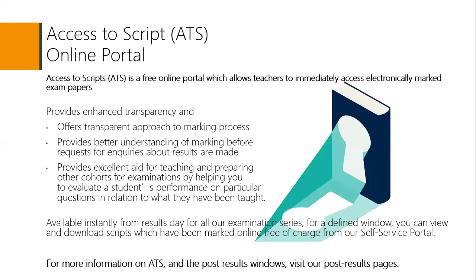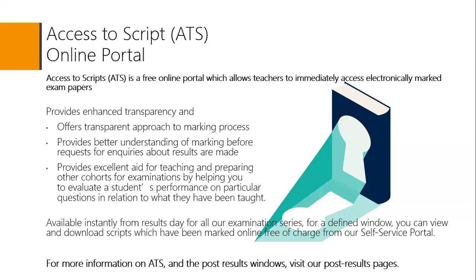In addition to that, Access to Scripts is a free online portal which allows teachers to immediately access electronically marked papers. It's self-service, online, free, and instant from results day onwards. It cuts down on speculative EARs, as students have the time and information needed to make informed decisions.